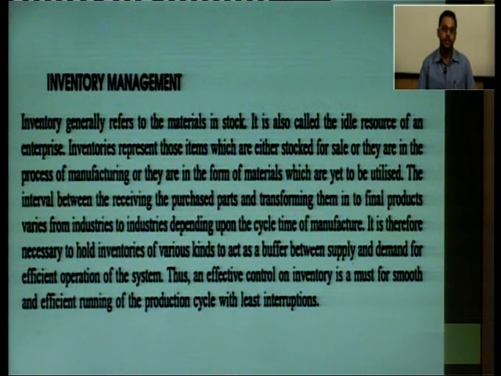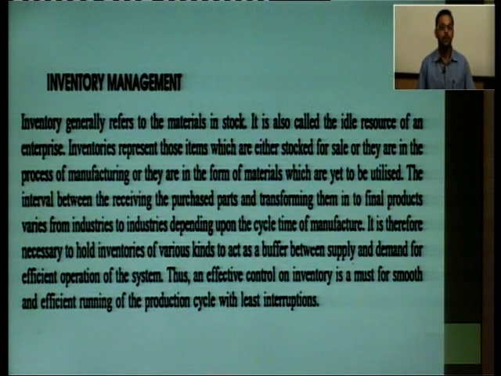It is therefore necessary to hold inventories of various kinds to act as a buffer between supply and demand for the efficient operation of the system. I think you are getting my point, why we should maintain stocks, or inventory, to meet our requirements.